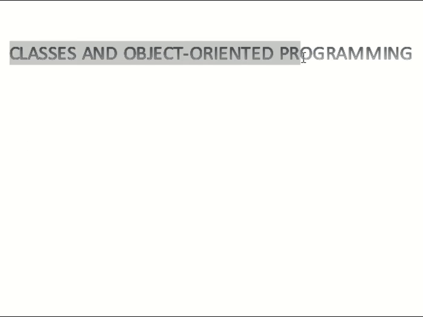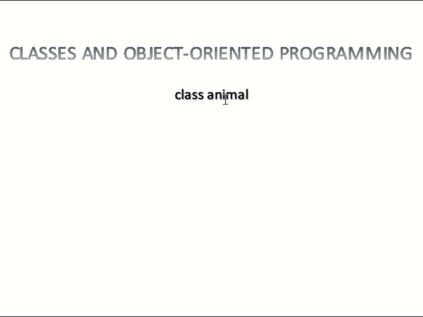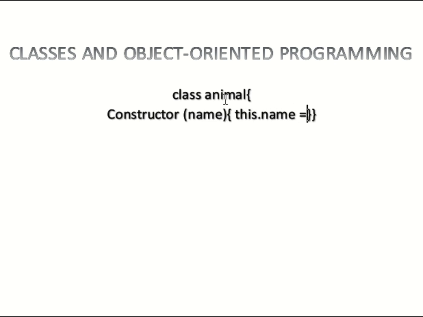Next, we have class and object-oriented programming. JavaScript supports class syntax for OOP, or object-oriented programming. For example, we have class Animal, and we have constructor name, this.name equals name.